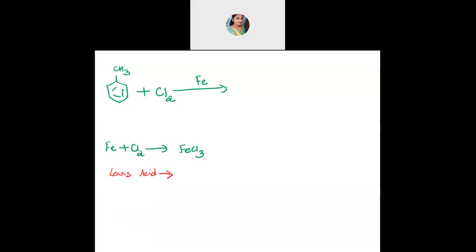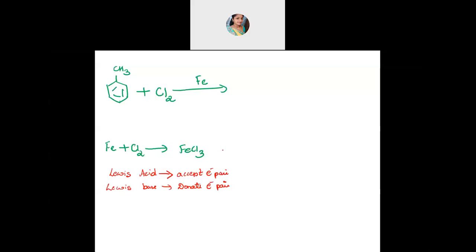A Lewis acid is the one which can accept an electron pair, and a Lewis base is the one which can donate an electron pair. So here FeCl3 is short of 2 electrons, so it can take 2 electrons.